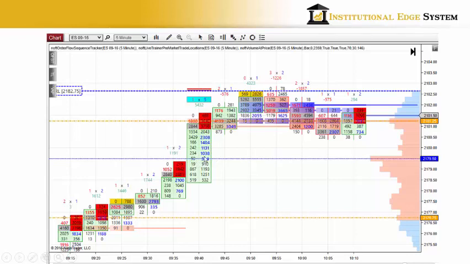Imagine knowing if the defense had a size advantage of 300%. Would that have an impact on the outcome of a game or a play? Would you make decisions differently? I think all of us would. This is summarized for us at the very top with the imbalance summary. In this case, we can see that the buyers outnumbered the sellers when it came to imbalances by 5-1. You can make it out there just by eyeballing it.